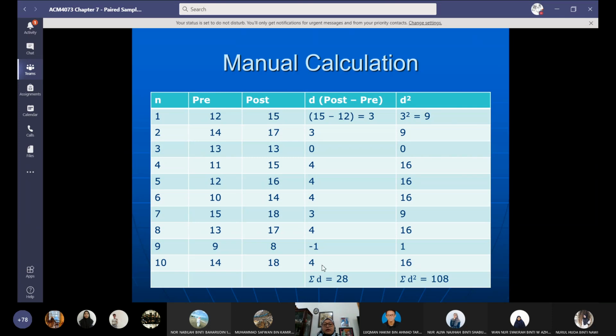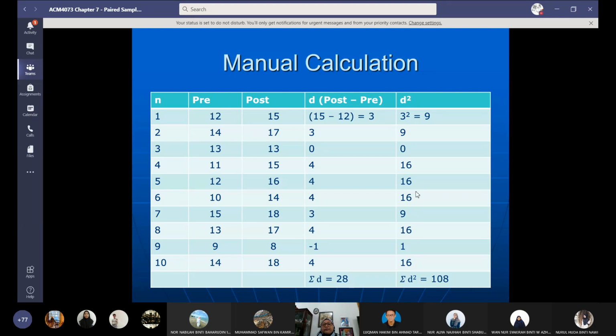At the bottom, you must sum up all the scores of differences. Then the next thing you should do is to square the D. 3 squared is 9, 3 times 3 is 9. 0 times 0 is 0. 4 times 4 is 16, and so on.